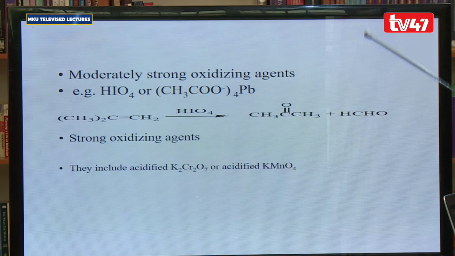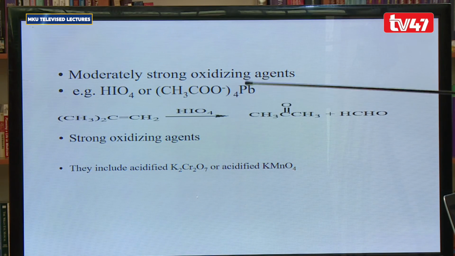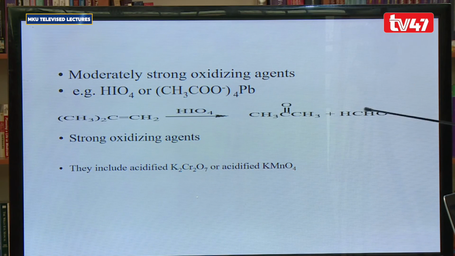Now, alkenes are easily oxidized in the presence of mild oxidizing agents into the corresponding ketones and aldehydes. In the presence of strong oxidizing agents, for example, potassium permanganate or potassium dichromate, ketones will not easily be oxidized further.